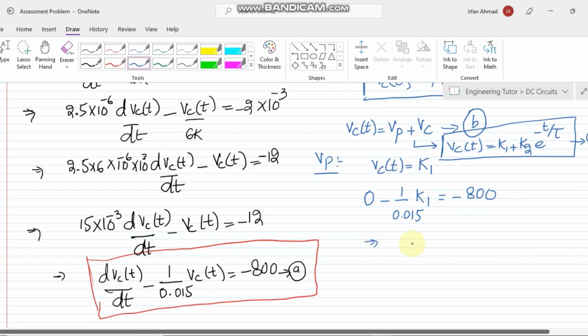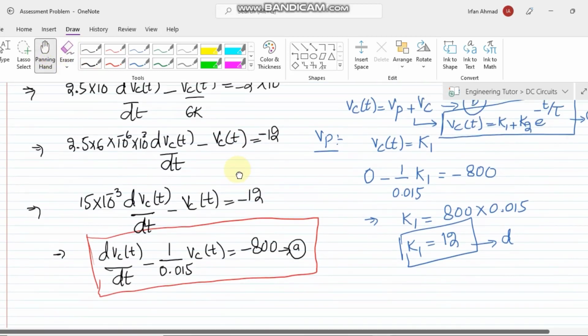These two will cancel out, and at the end I will have k1 equal to 800 multiplied by 0.015. Okay, so after calculating it, the value here will be 12. So the value of k1 is 12 here, so let me call it d. So that is the equation where we have found out the value of k1.